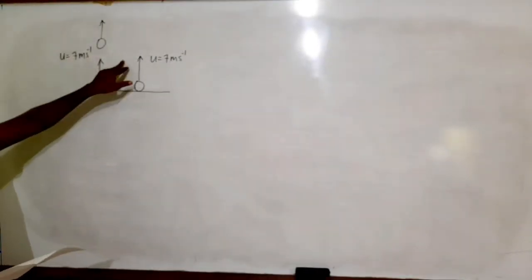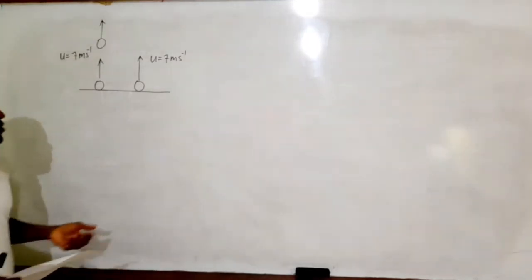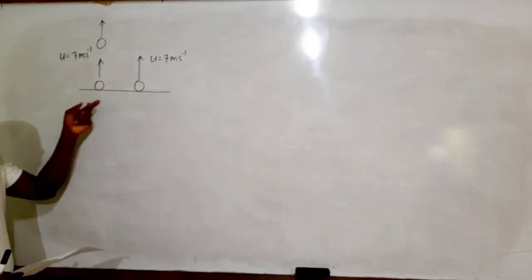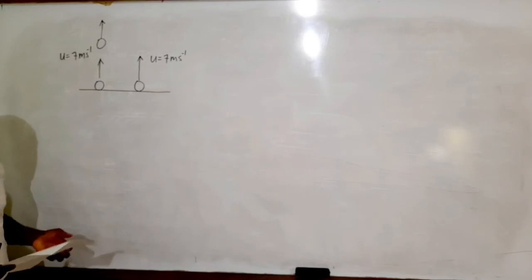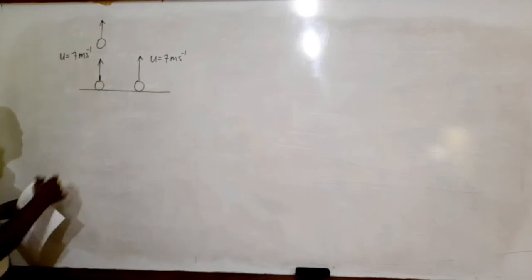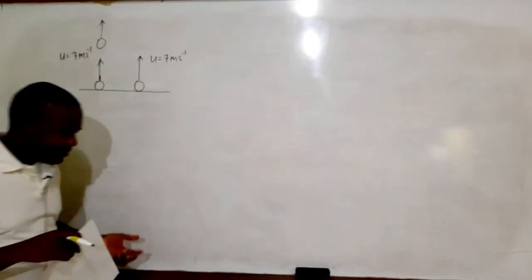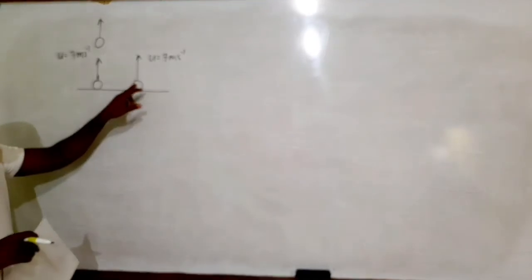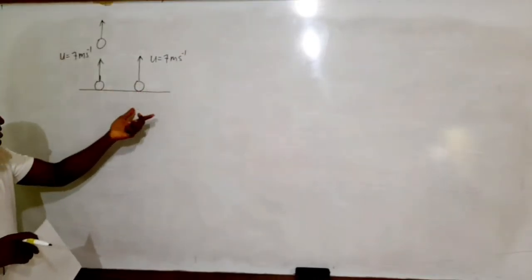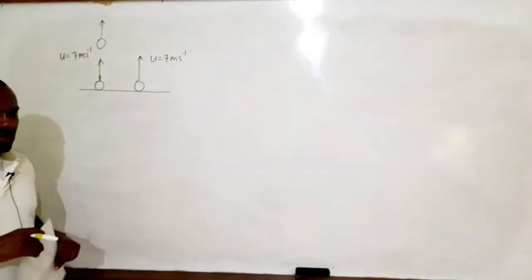So when the two stones meet, the first stone will be on its way back down. However, the net vertical displacement from the launch position will be the same. So basically, what this means is that when they do meet, the net vertical displacement from the reference level will be the same. And this stone will have traveled the same distance, or attained the same displacement, but in 1 second less, right?